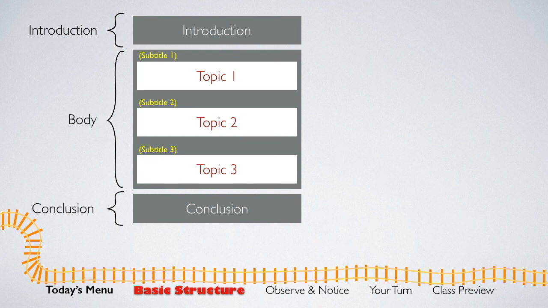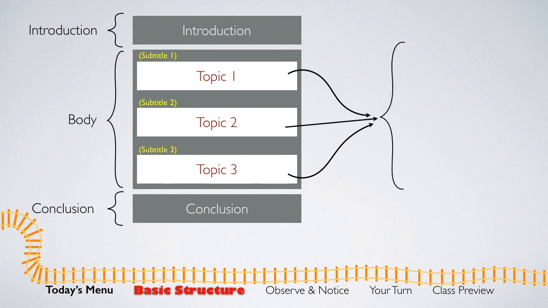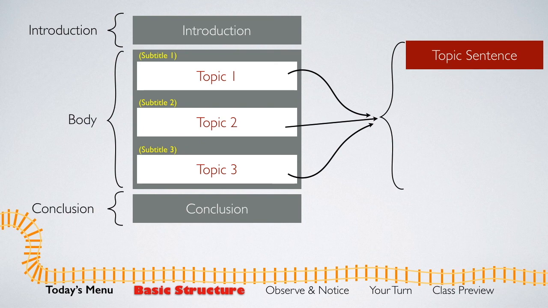So we all know that each paragraph needs to follow its own topic, right? In the past, we've used subtitles to show the readers what the topic of the paragraph is going to be. Well, another way, and perhaps a more advanced way of showing the topic of the paragraph, is by starting with a topic sentence. Each paragraph within the body of our compositions should start with a topic sentence that introduces what the paragraph is going to be about.